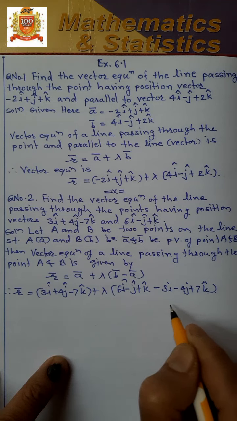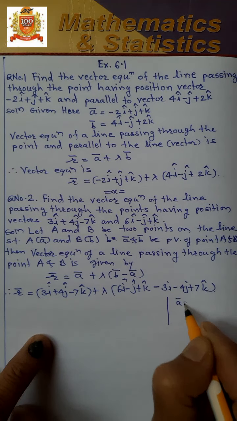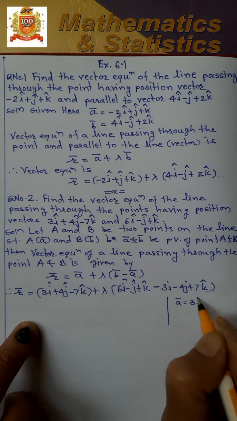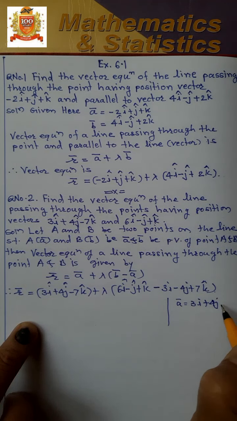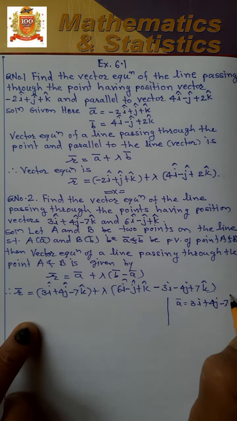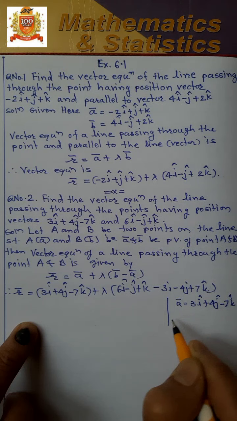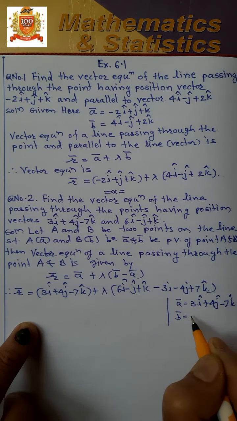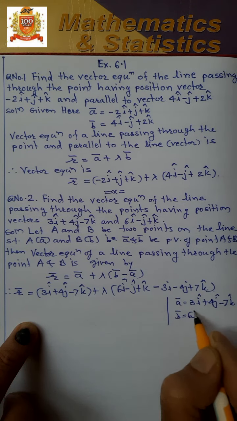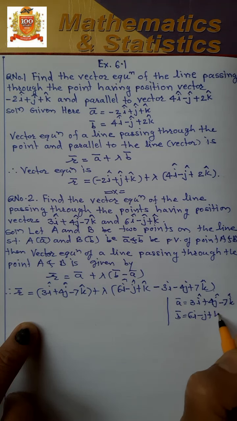Here A bar is equal to 3i plus 4j minus 7k and B bar is equal to 6i minus j plus k.